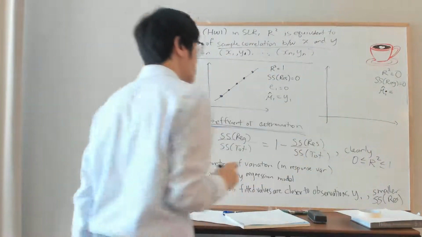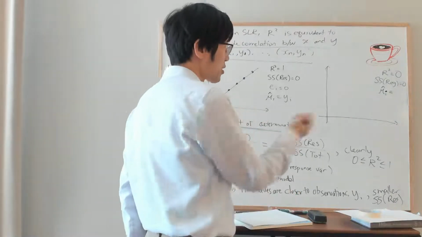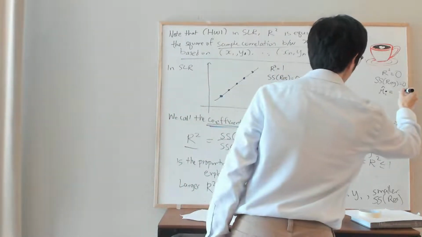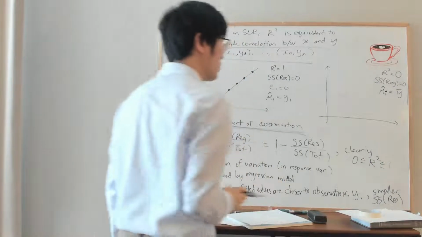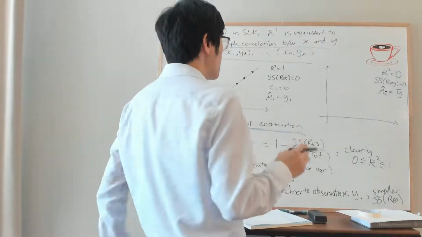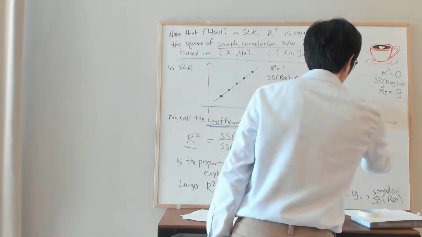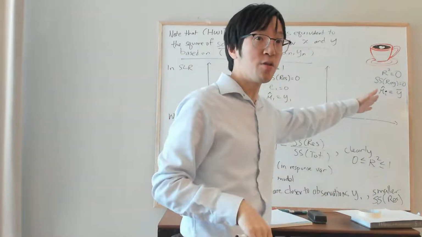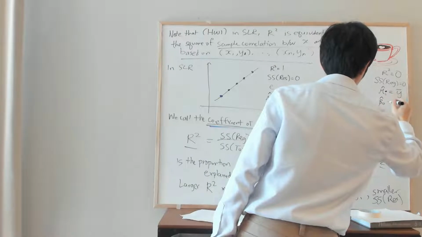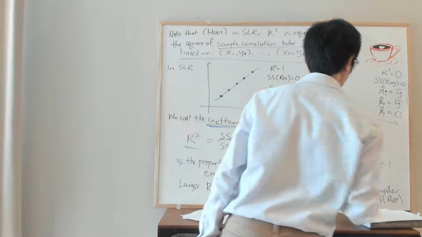According to the sum of squares decomposition, what is the model predicting for yi? It's simply predicting the sample average y bar. In the simple linear regression case, that means y is not related to x at all. In other words, beta is 0, so our intercept estimate is y bar, and our slope estimate is 0.